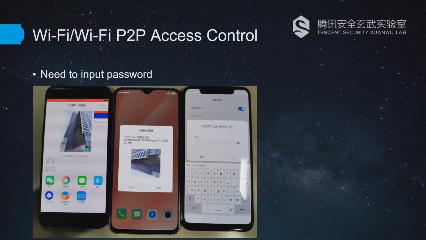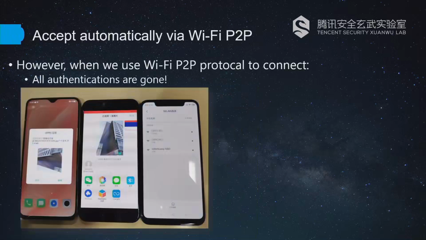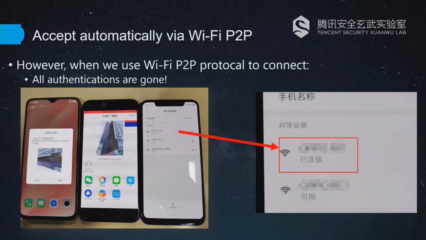In this case, when sharing files, this app will establish a Wi-Fi P2P connection. We can see that when other devices want to join, they need to provide the correct password. However, when we use the Wi-Fi P2P protocol to directly connect to it, we found that anyone can join without any confirmation here. And the normal users won't feel anything, so we'll get the file directly.